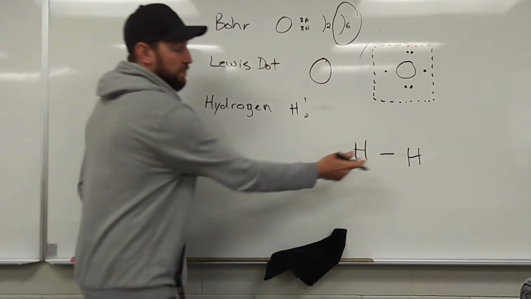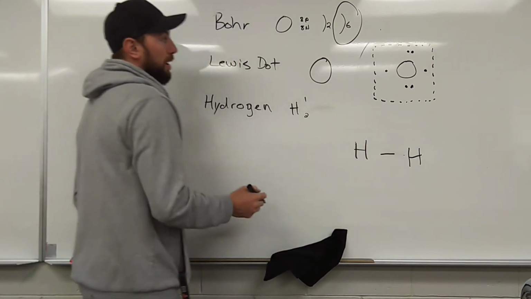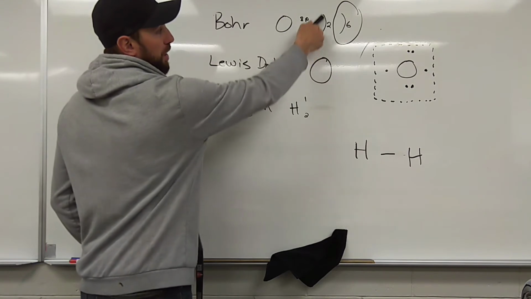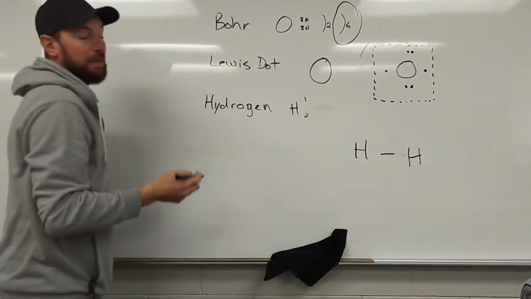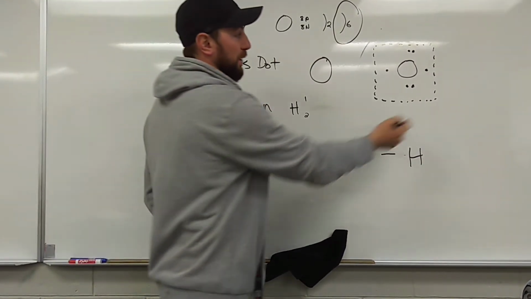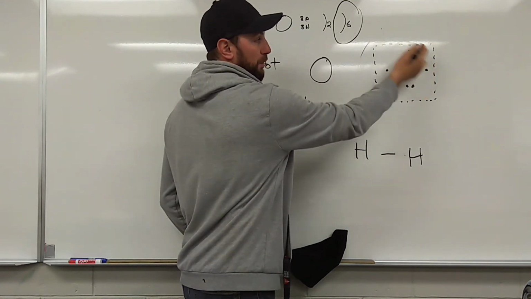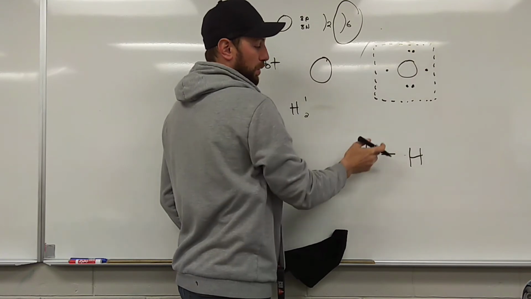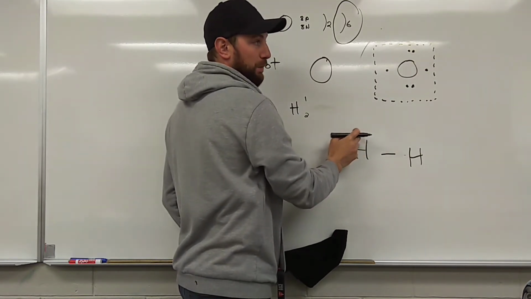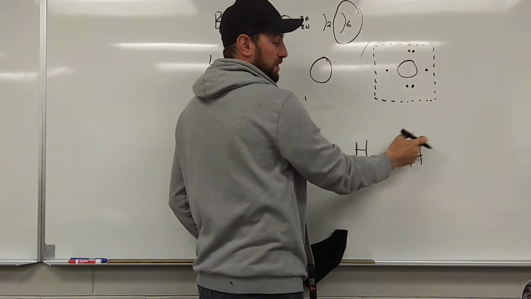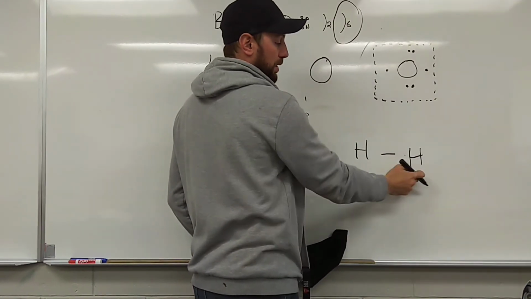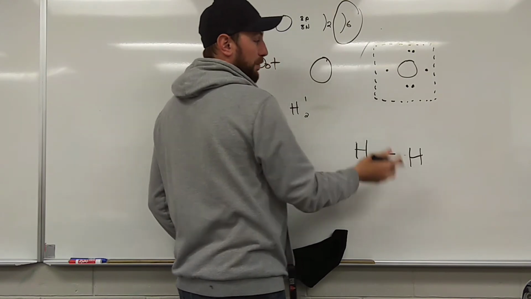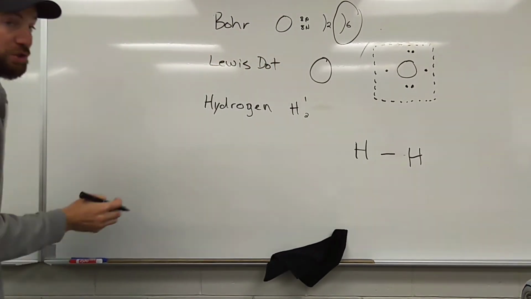So this one and this one come together, and how many electrons do they want in their valence shell? They combine so that they fill their shell. They want to have a full octet or a full outer valence shell. So this guy has 1. To get a full shell, he needs another 1. Where's he going to get it from? He's going to share it with this one. So now they each share, so they both have a full valence shell.